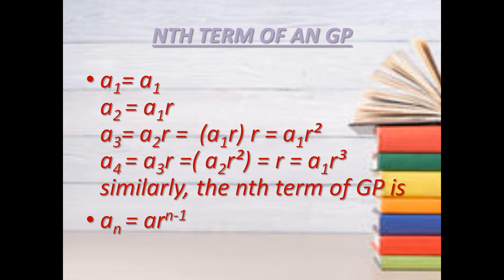Therefore, the nth term of a GP is An is equal to A into R to the power n minus 1. This is the formula to find out the nth term of a geometric progression.